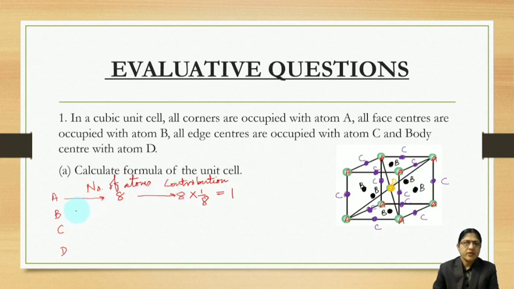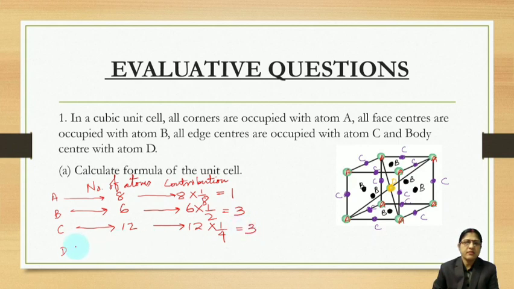And B, all face centers, how many face centers are there? 6. And their contribution 6 into 1 by 2, that is 3. Right. Then C are all edge centers and 12 edge centers are there. And their contribution is 12 into 1 by 4.